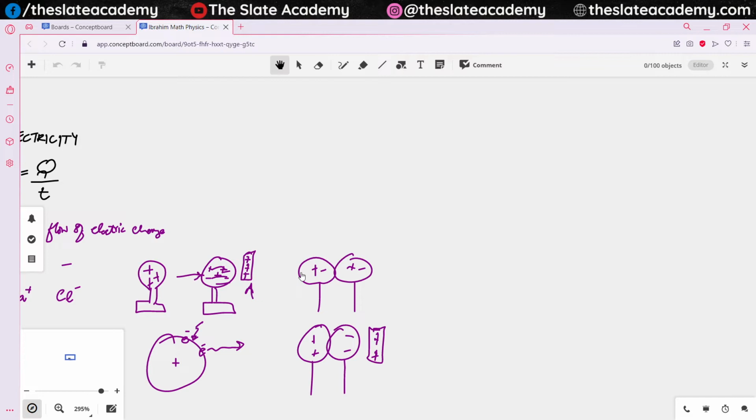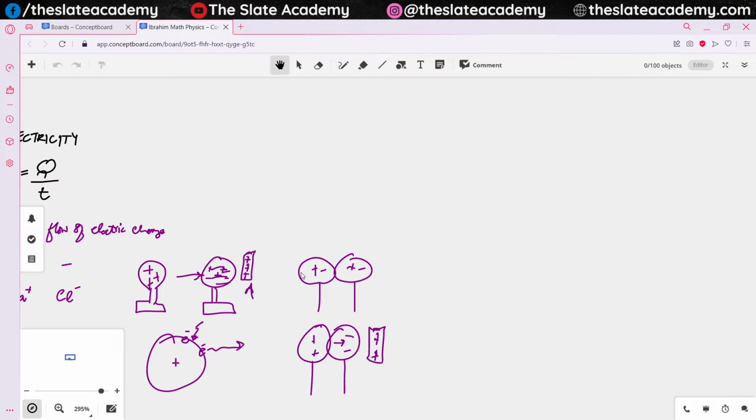Because in metals, the electrons are delocalized. They form a sort of cloud around the surface of the metal, and now this cloud of electrons would shift in this direction.